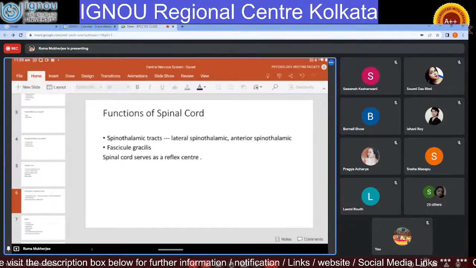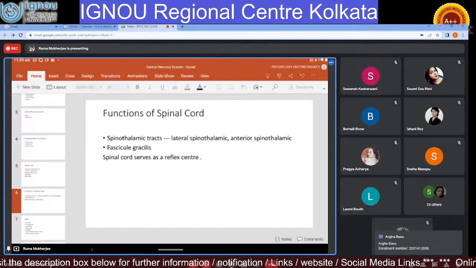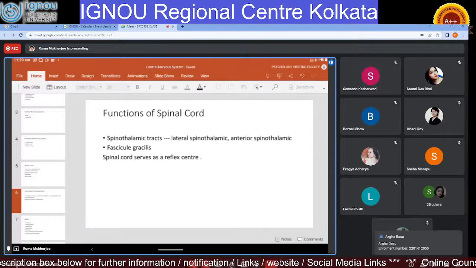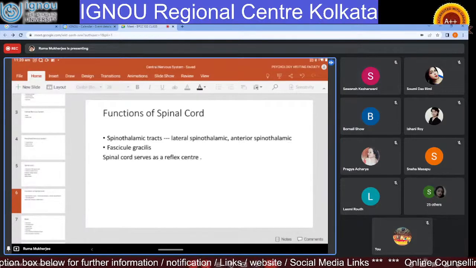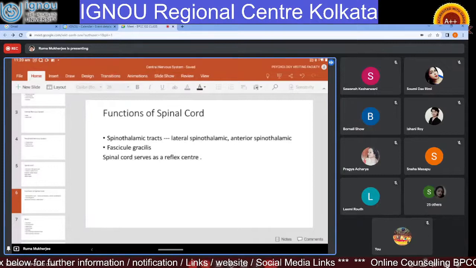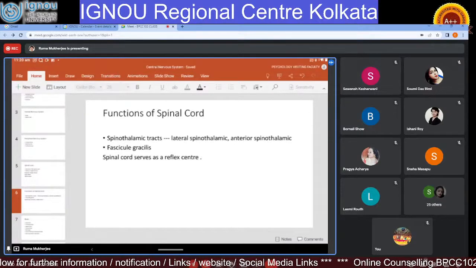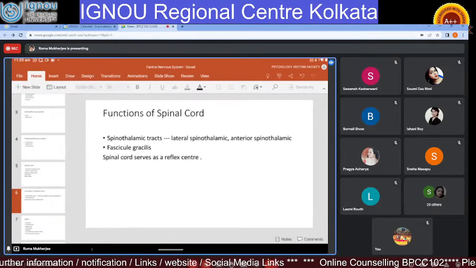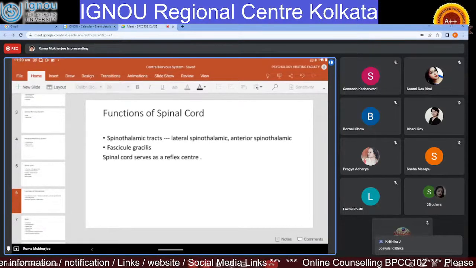Now, the major descending tracts of the spinal cord are mainly two, the lateral and the anterior corticospinal tracts, which are involved in only voluntary movement, that is, movement which we can control. That means the muscle contraction of hands or feet, the movement of our limbs.